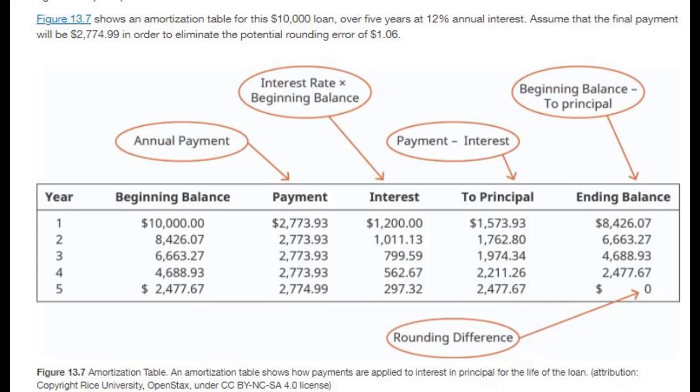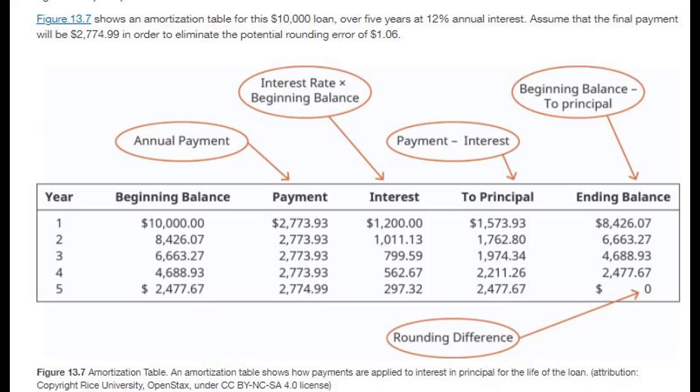Now, how do you figure out how much of each payment is interest and maybe even deductible on your income taxes as interest expense, and how much goes towards paying down the principal? Well, let's look at year one. In row one, you begin with a $10,000 debt.